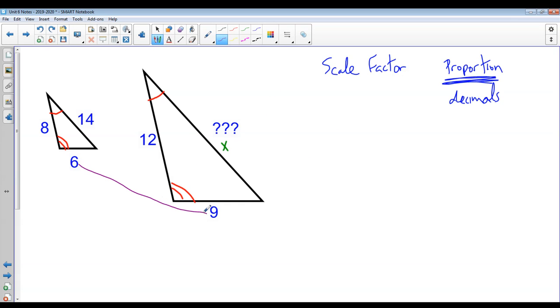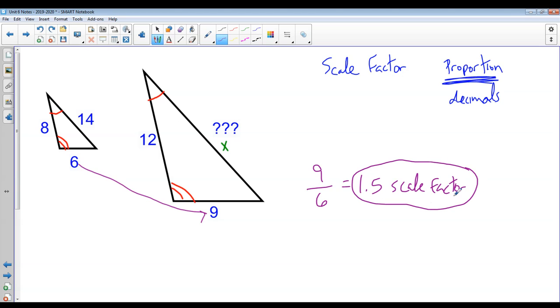So if I look at the 6 to the 9, and I want to figure out what my scale factor is, I'll do 9 divided by 6. 9 divided by 6 is 1.5. There's my scale factor. So now all I need to do is apply that scale factor to each of these other sides. So we can check: 8 times 1.5 is 12. That checks.